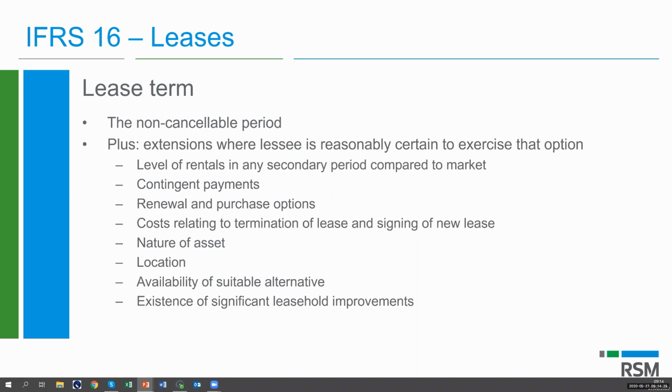Although you might have spent a lot of money on leasehold improvements to get the premises or the property to a condition that is suitable for you to use. So all those factors need to be taken into consideration in determining whether or not there's reasonable certainty that you would exercise that extension option.